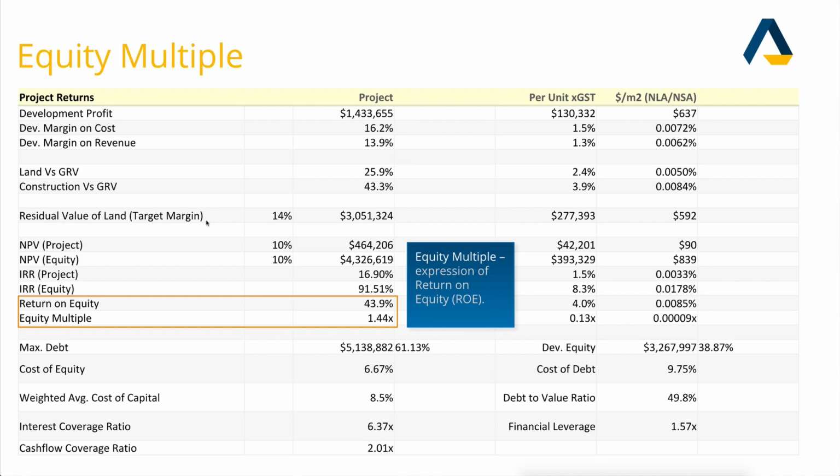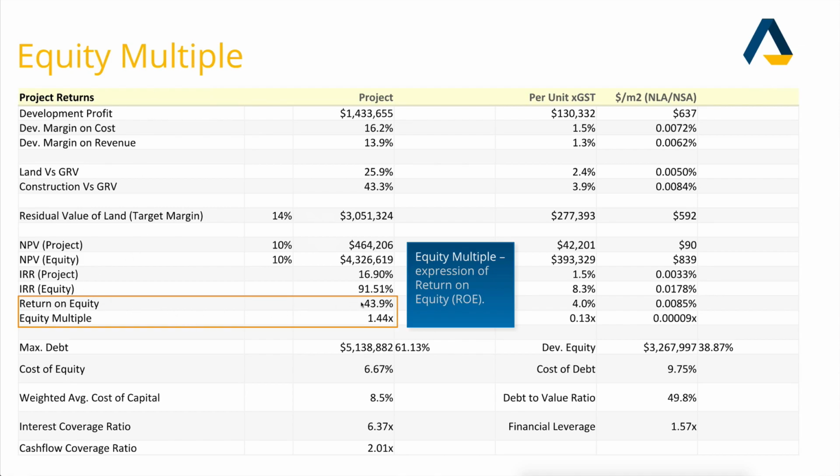And this is the residual value of land, or the target margin. I discuss more details about the residual value of land in the validation feasibility course, so I would assume that you already know what that is. Then, based on the target margin, you've got NPV, and then you've got return on equity and equity multiple.